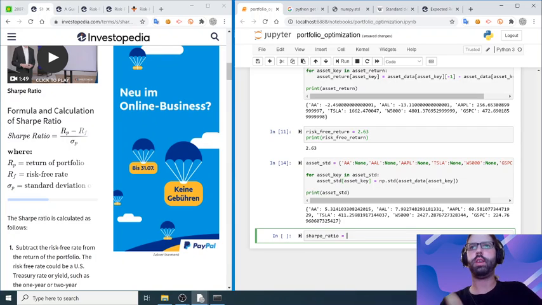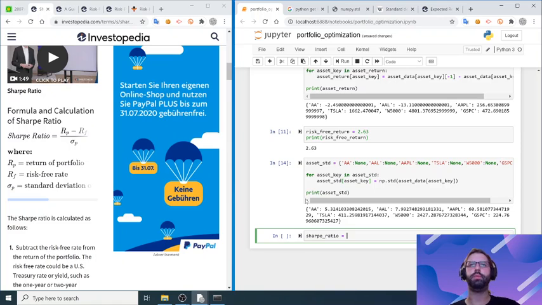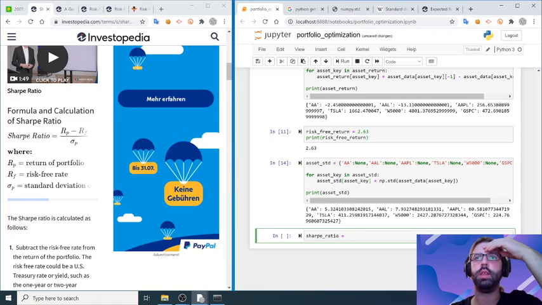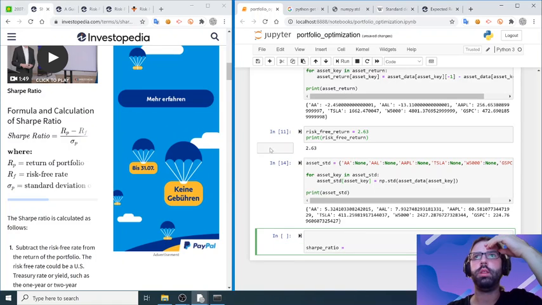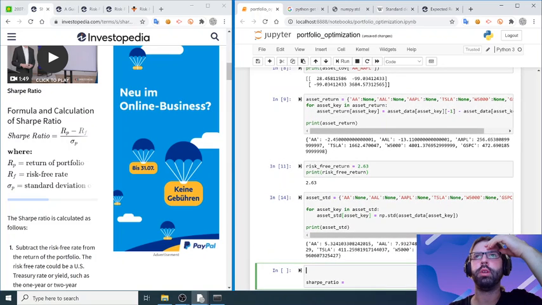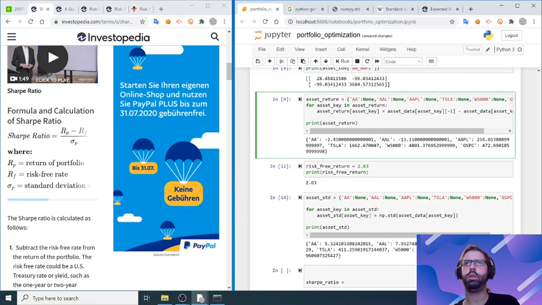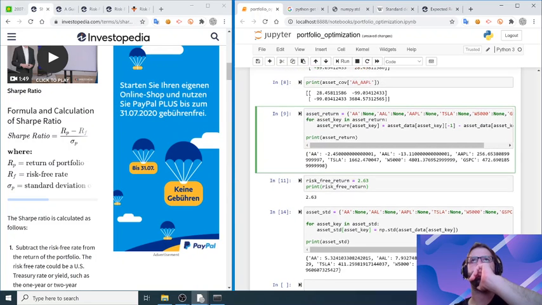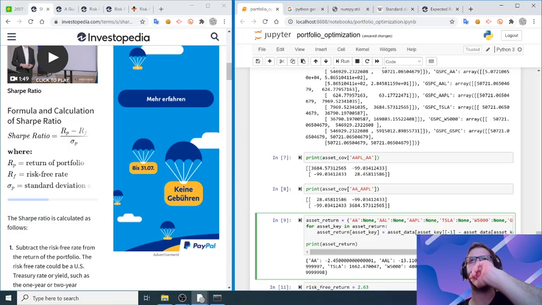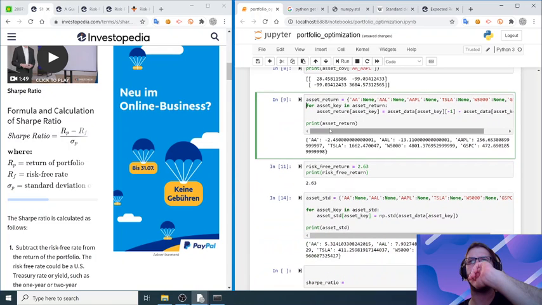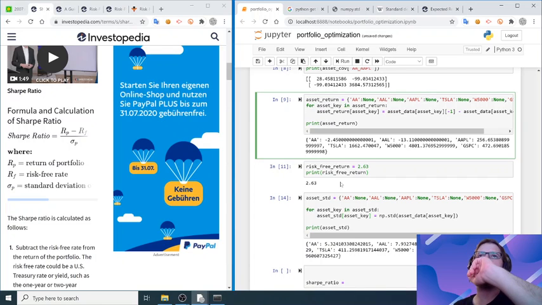in this case is basically the. So I need to calculate the. So I have the risk-free return. I have the asset return in here, but what I need to do is add all the things up. So total return. I guess what I would have to do is just add them all, right?